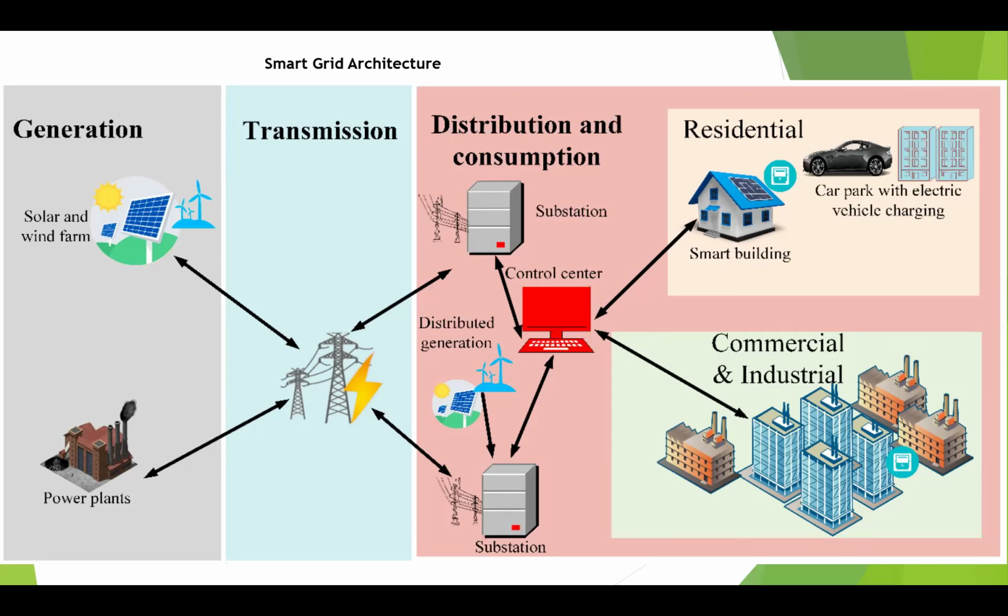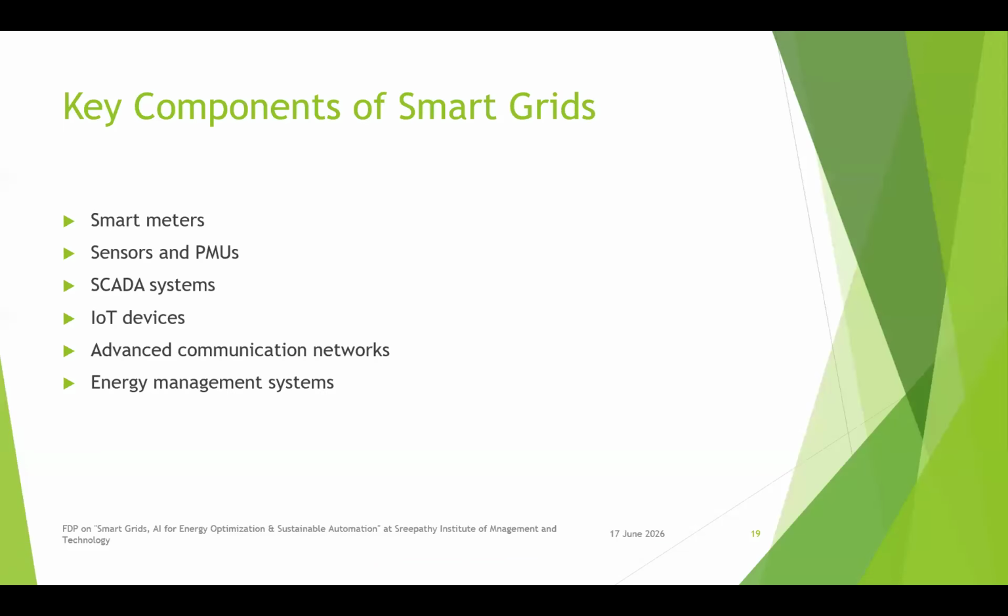In the architecture, we can see the main components of smart grids: smart meters, PMUs, SCADA systems, IoT devices, advanced communication network, and energy management systems. What are smart meters? They are digital devices used to measure electricity consumption in real time.